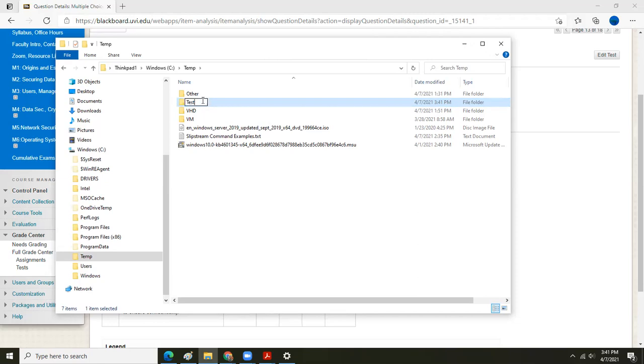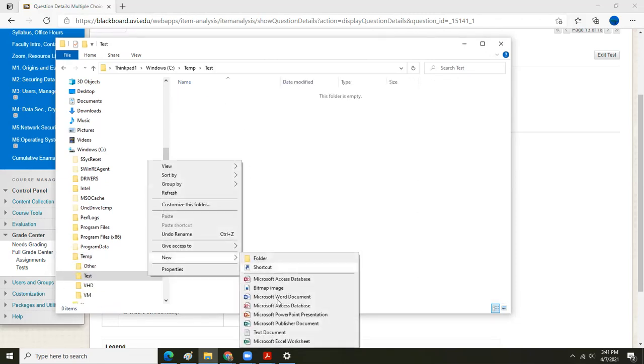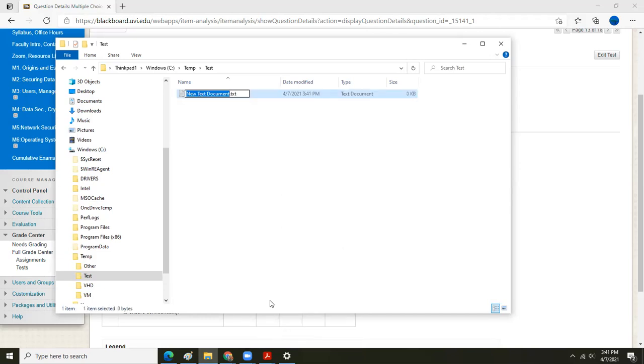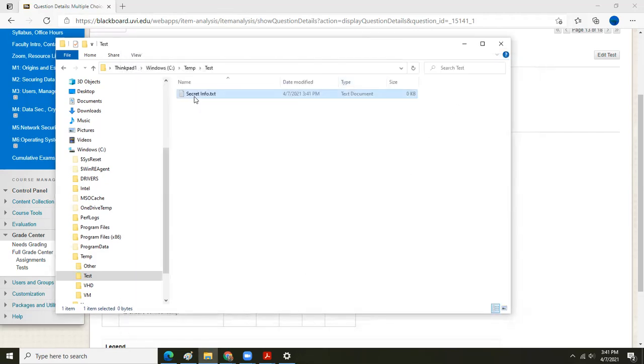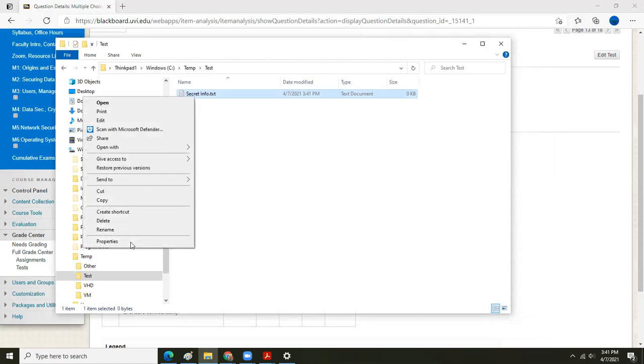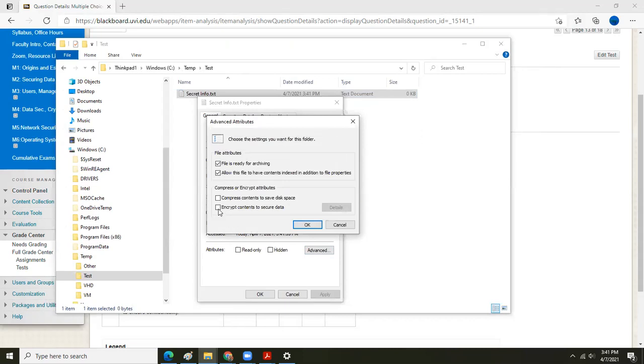Here's a test directory. I'm going to put something inside of it. I'll call this secret information, right? When I go to properties and go to the advanced attributes and select encrypt contents, that's the reference we're talking about in the question.